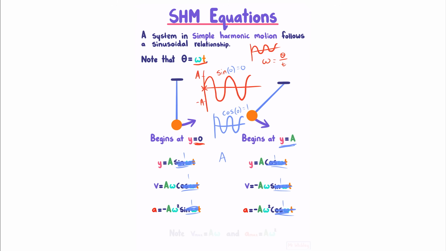For our maximum velocity, we see that the greatest these equations can be is A omega, therefore our maximum velocity must be A omega. For our acceleration, the greatest that these equations can be is A omega squared, and so our maximum acceleration is A omega squared.